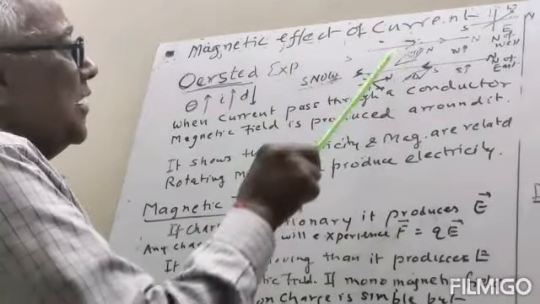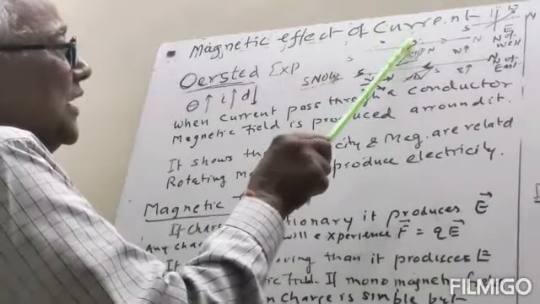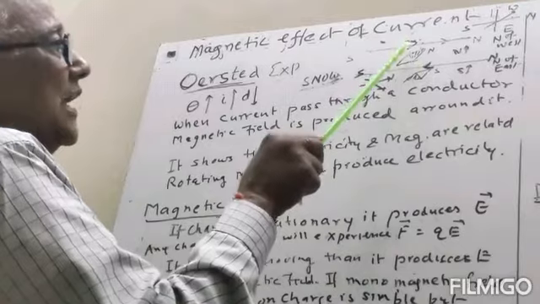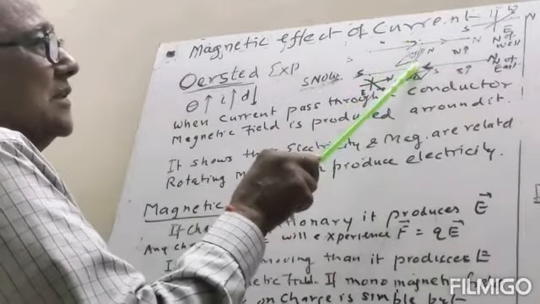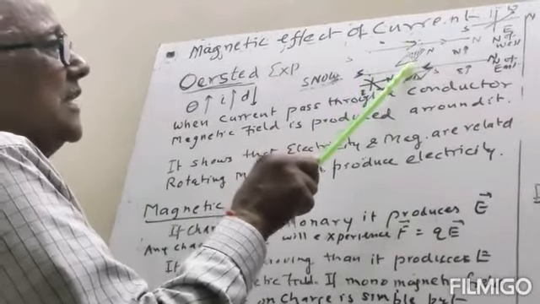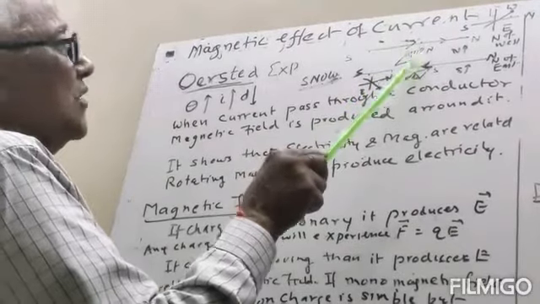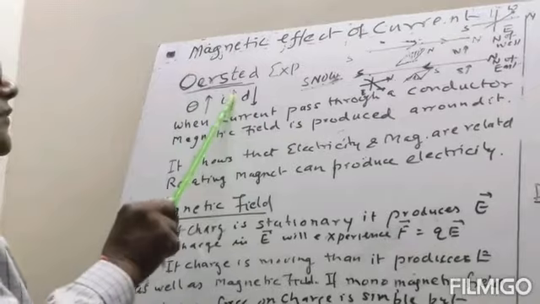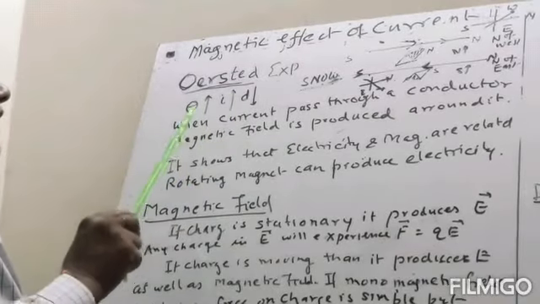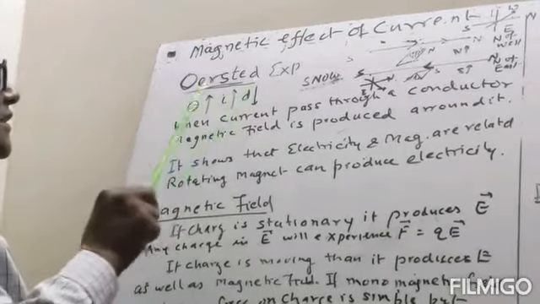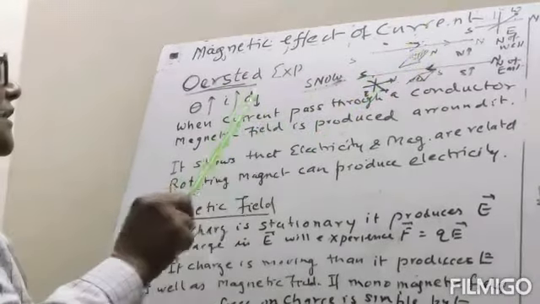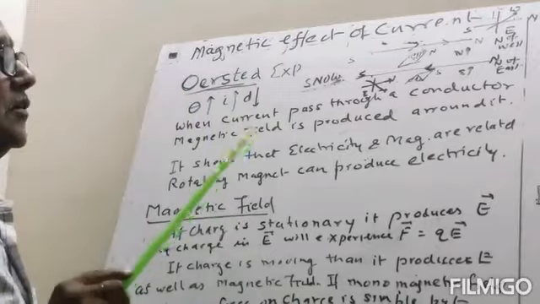In the second experiment, if we increase the distance between the wire and the magnetic needle, then the deflection will decrease. Larger the distance, lesser will be the deflection. So we can say theta will increase if I increase the current, and theta will decrease if we increase the d, the distance from the needle.